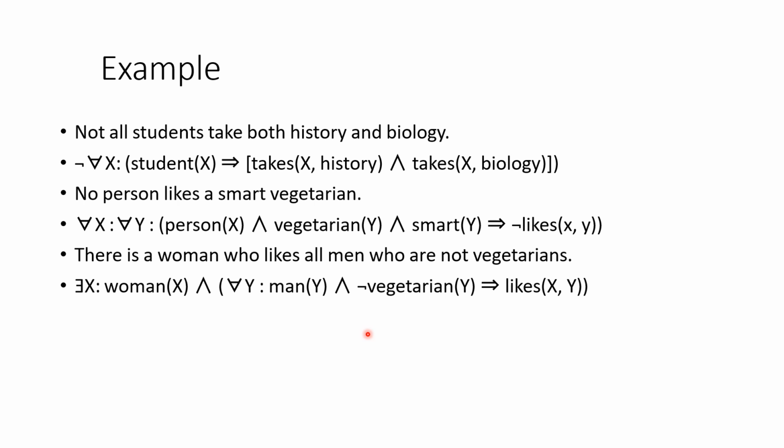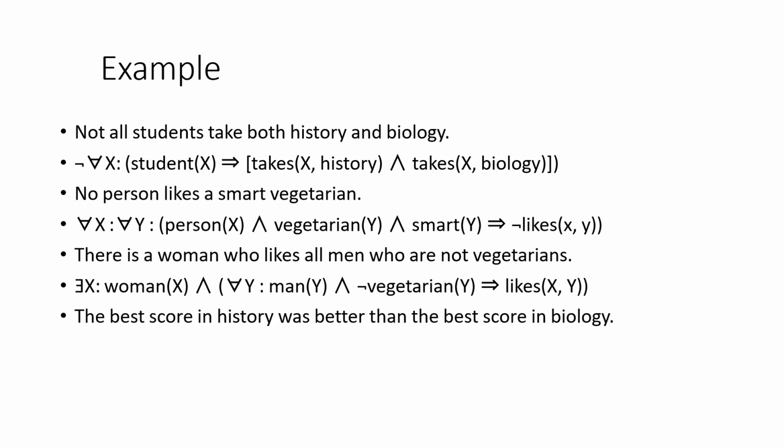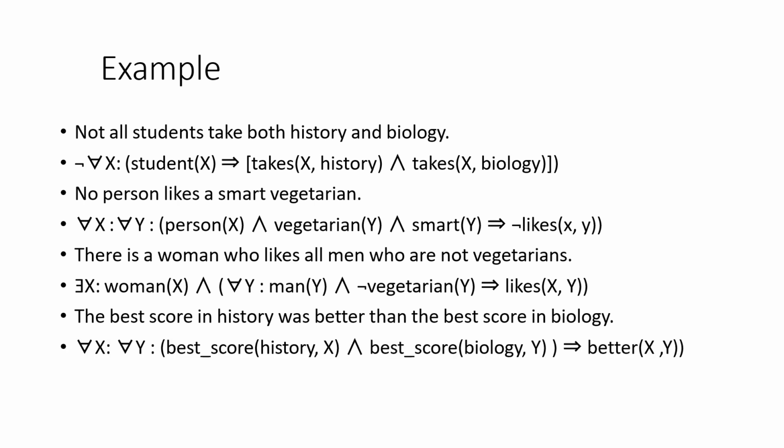Then next is: the best score in history was better than the best score in biology. Here you can see, for representing who got the best score in history, we are putting for all X. Then for all Y, that means students studying biology, students studying history.